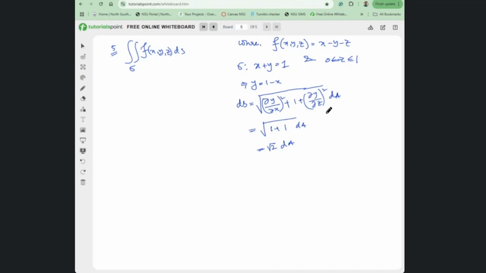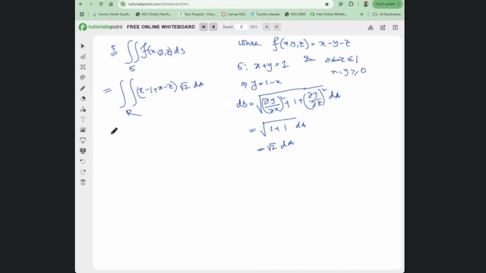And since it is said in the first octant, that means x, y should also be greater than or equal to 0. So that means, if I write it down, the function of x, y, z is x minus y, where y means 1 minus x, minus 1 plus x minus z, square root of 2 dA.